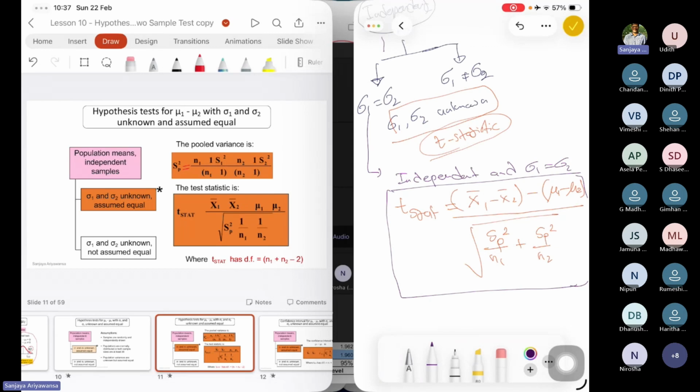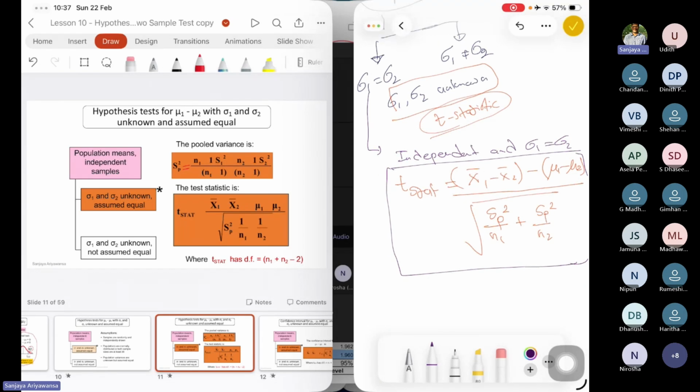Now, let's look at some comparables. Before, when sigma was unknown in our hypothesis test for one sample, what did we use? T-stat, x bar minus mu divided by s over root n, right? So isn't this somewhat similar? Now you have x1 bar minus x2 bar, because there are two samples and you're looking at a difference.